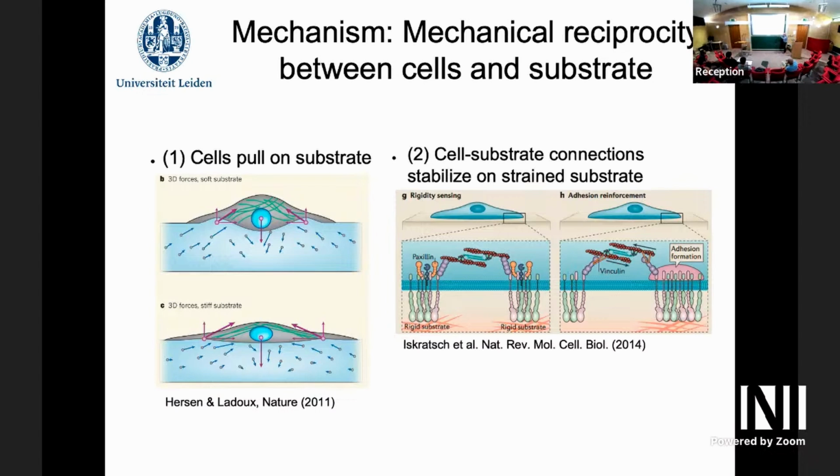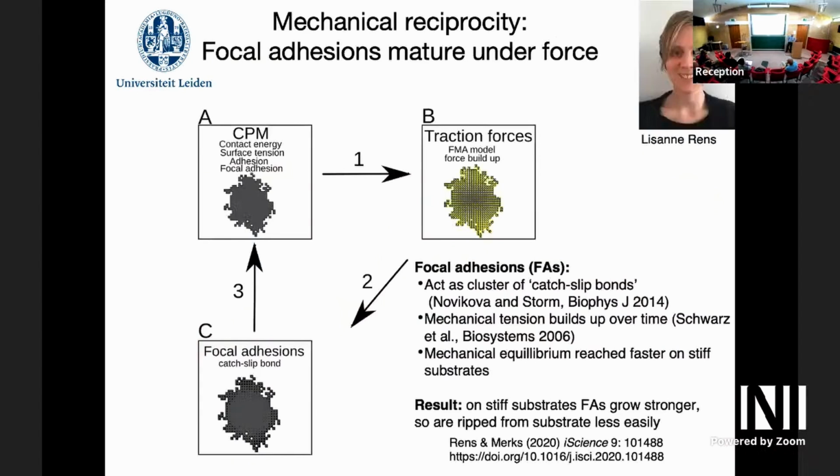So now let's see what happens if we put all that into a cellular Potts model. And I'm going to start with a very simple one. That's why I said it's so hard to say whether the substrate is considered soft or stiff, because here we still have a very generic description of the environment.